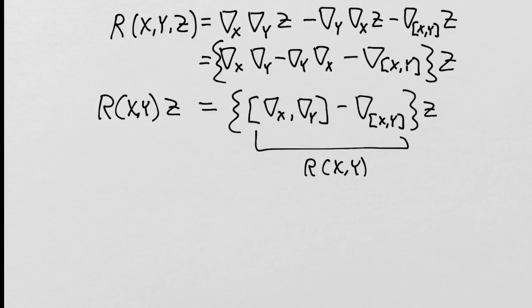But our goal is to find a tensor out of all of this. So ultimately, if we use this to get a vector, in order to get a tensor, we have to take that vector and end up with a real number.